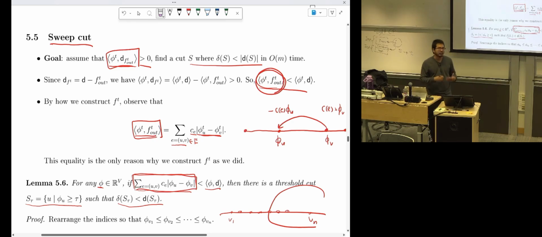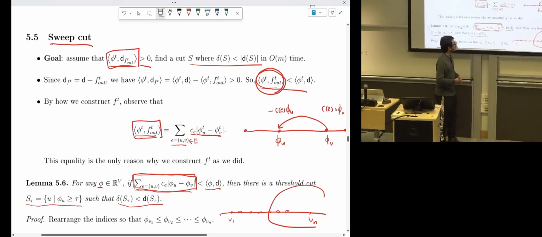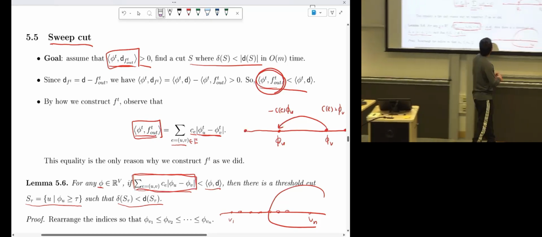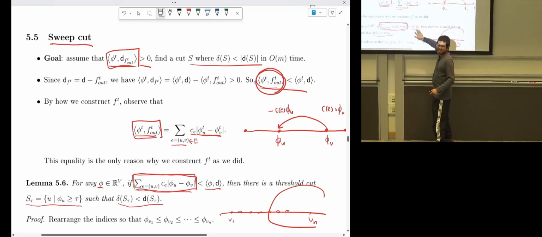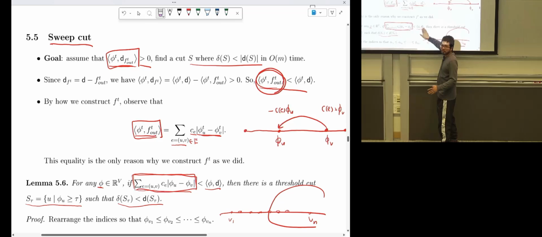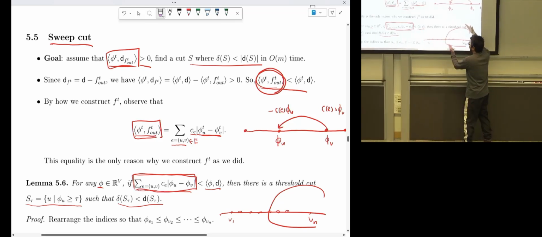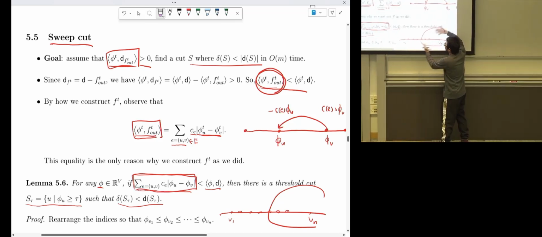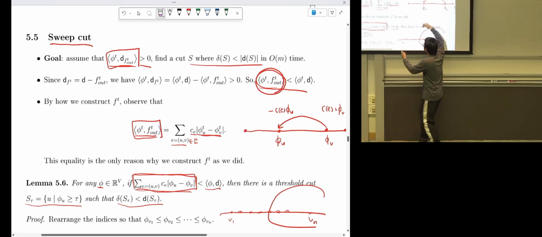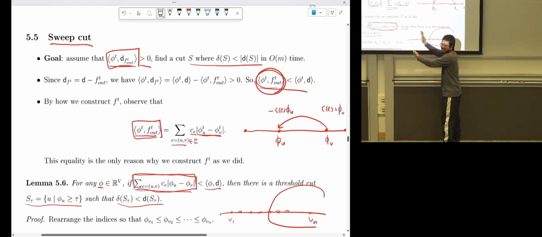This makes sense intuitively because this thing is big, so the demand is big, and if the demand is big, then there should be some part where the total demand inside the cut is bigger than the cut size.